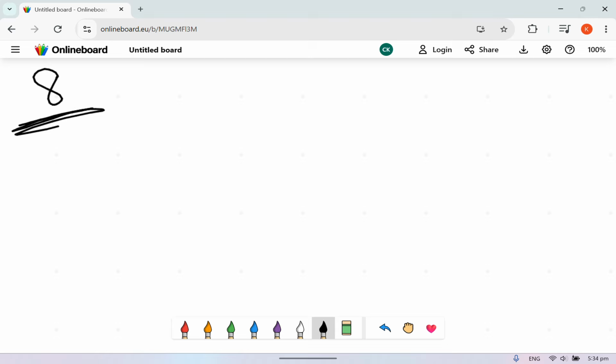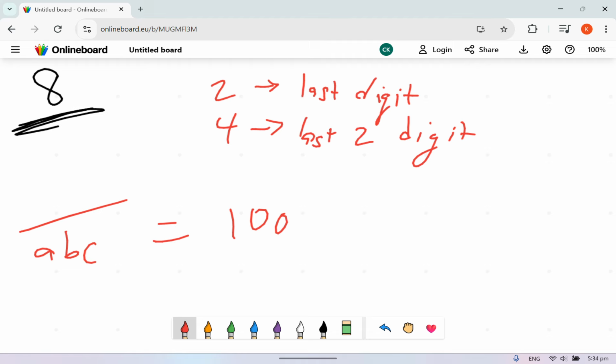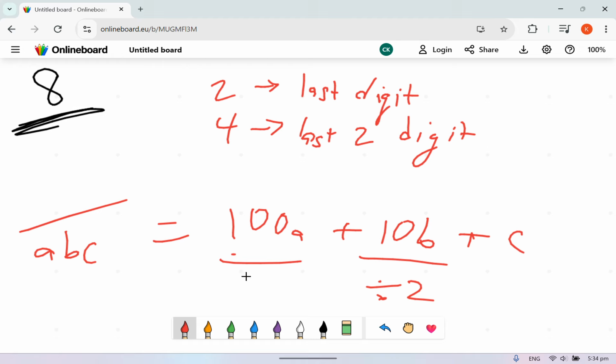Okay, the divisibility test for 2 is like this: the last digit must be divisible by 2. The divisibility test for 4 is that the last 2 digits must be divisible by 4. And the reason for 2 is because if you have ABC, 100a plus 10b plus c, we all know that 10b is divisible by 2 and this is also divisible by 2.